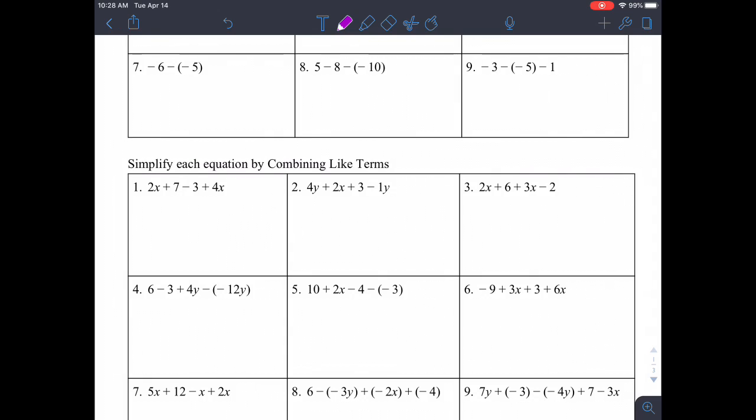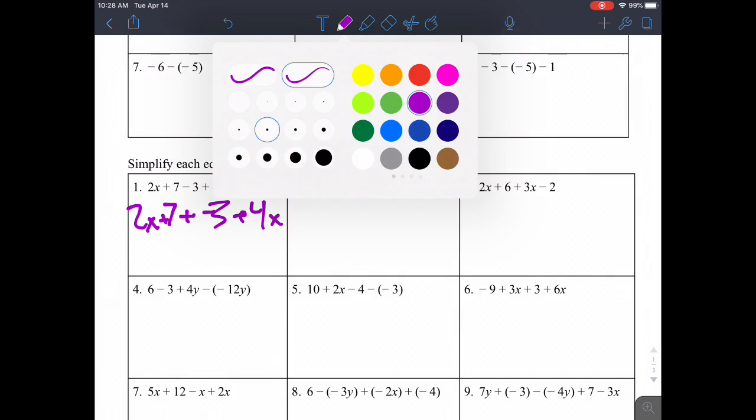So when I rewrite it, instead of 7 minus 3, I'm going to have 7 plus negative 3. I still have the 2x plus, and then plus 4x, and now I can combine my like terms.